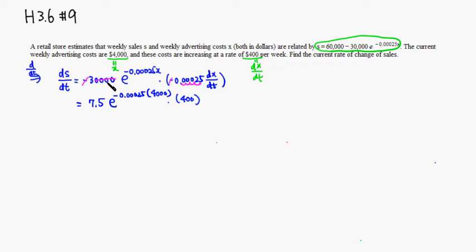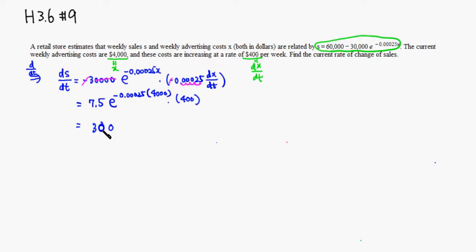Alright, so we just have to compute it, but we can simplify this. 4 times 7.5 would be 30.